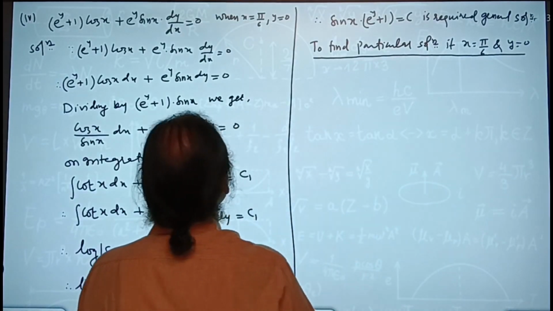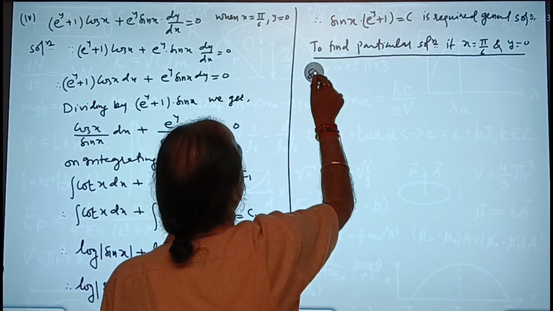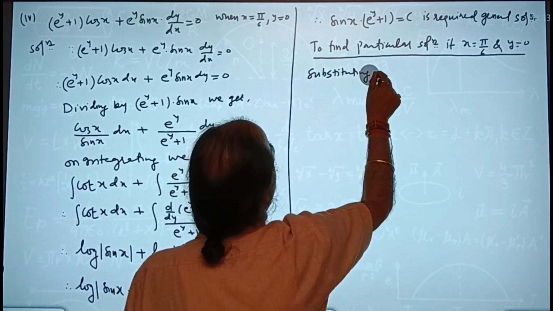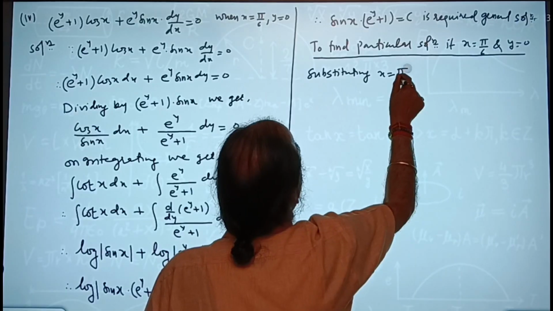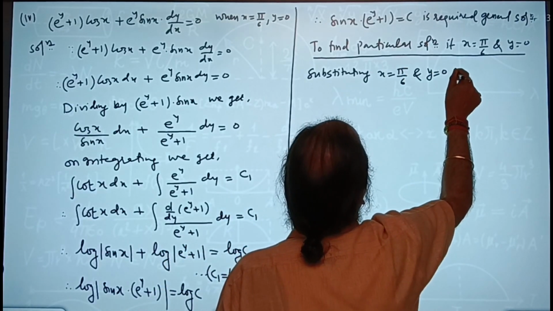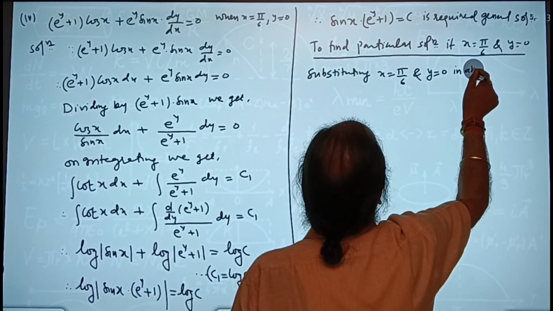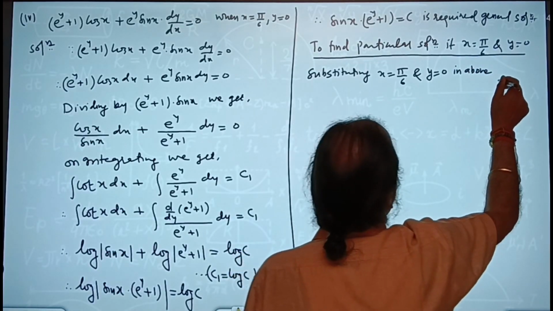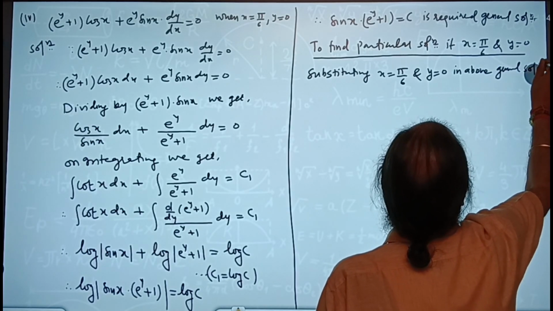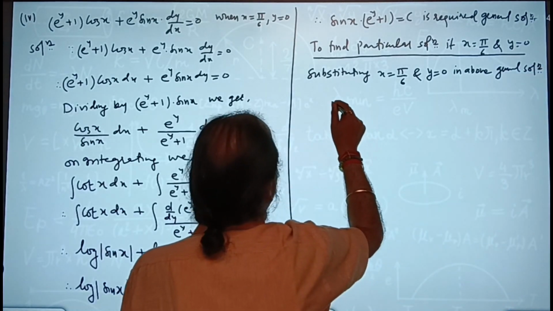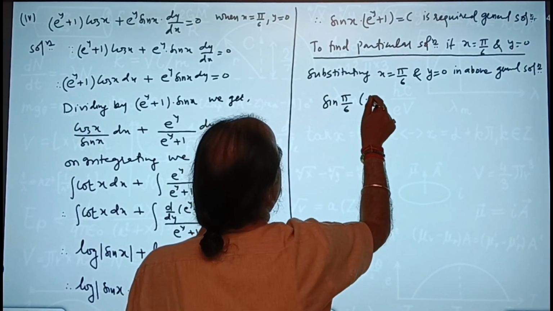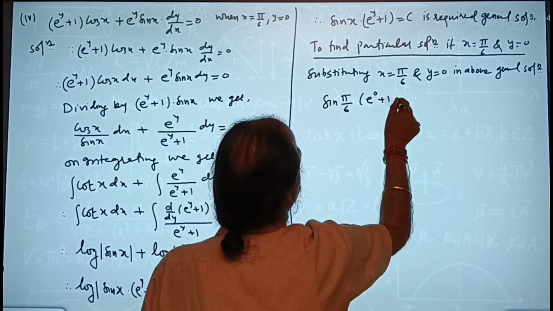Substituting x is equal to pi by 6 and y is equal to 0 in the above general solution, we'll get sin pi by 6 into e raised to 0 plus 1 is equal to c.